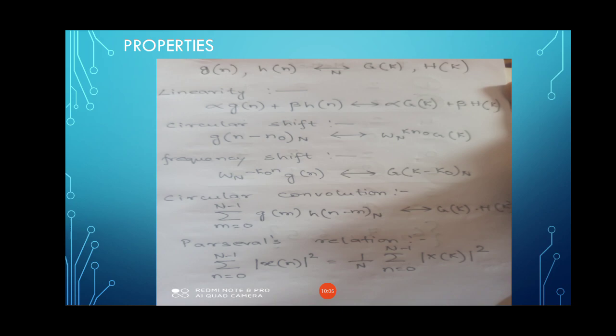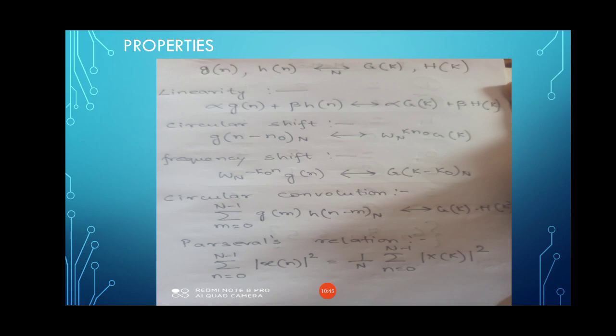If we multiply g of n with the scalar quantity alpha and h of n with the scalar quantity beta and add both of them, and then take N-point DFT of this whole signal, that is alpha g of n plus beta h of n, what we get is alpha multiplied by the individual DFT of g of n, that is G of k, plus beta multiplied by the individual DFT of h of n, that is capital H of k.